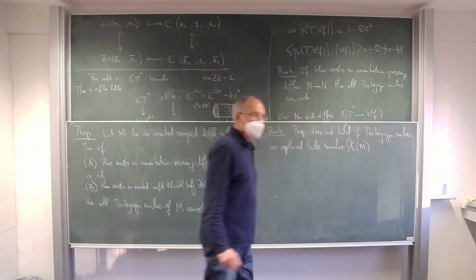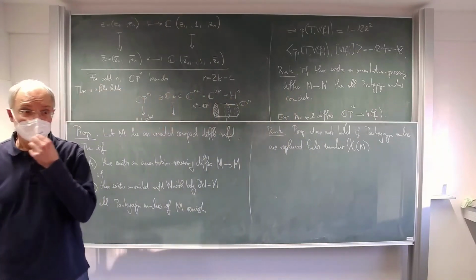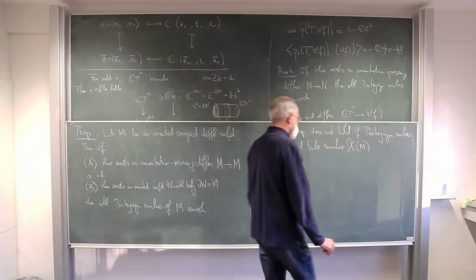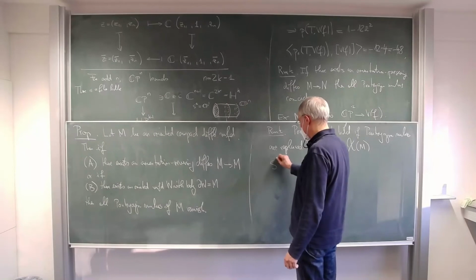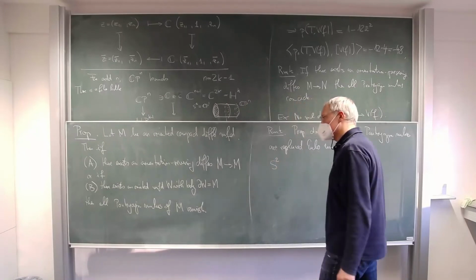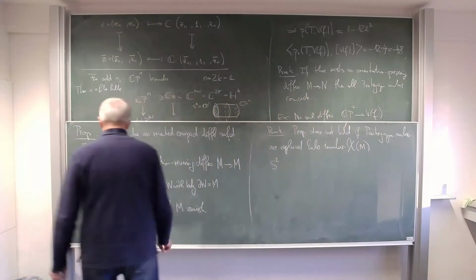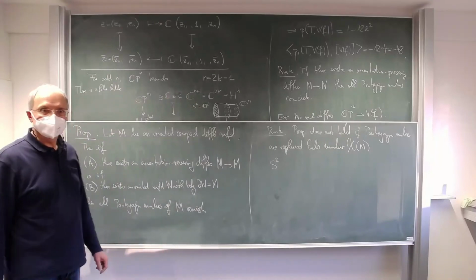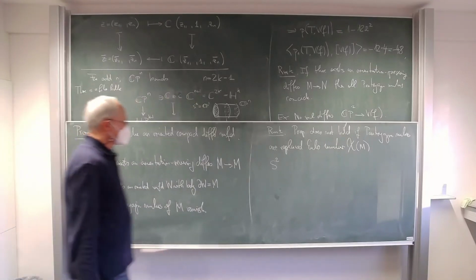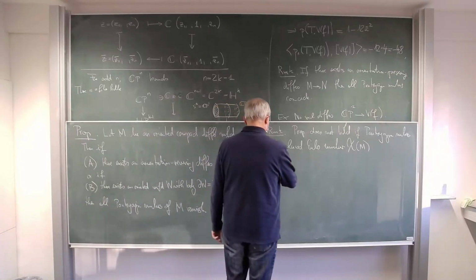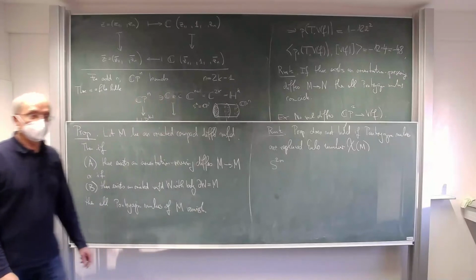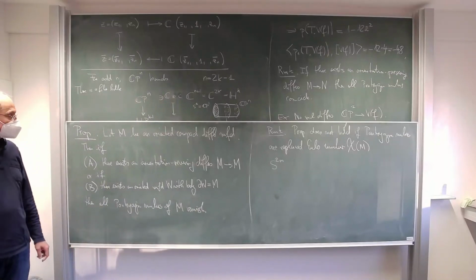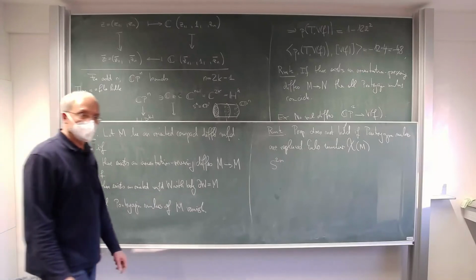Who can give me a counterexample? The sphere. S2. Exactly. S2 is a counterexample, maybe more counterexamples. So we can certainly take this one, right? That's also a counterexample. Anything else?